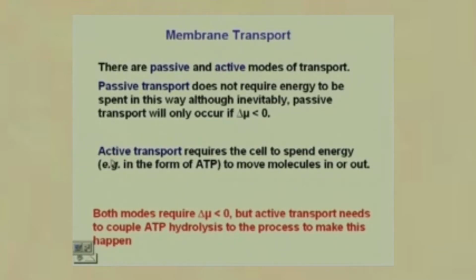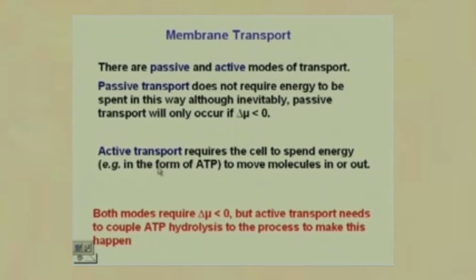When you have active transport, it means you are going against a gradient. If you are going against a gradient, you have to push your way through, and in pushing your way through, you have to expend energy. That energy comes from ATP hydrolysis. We will understand ATP hydrolysis and where this energy is coming from when we do bioenergetics.